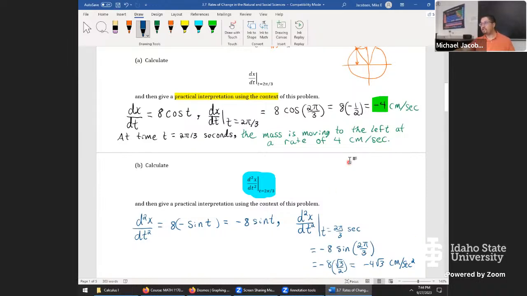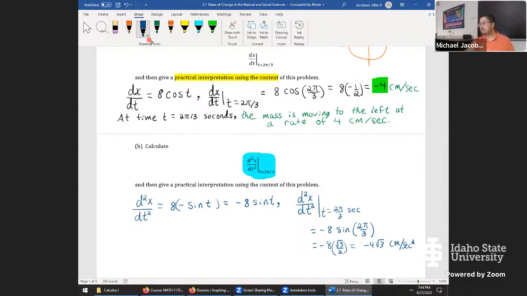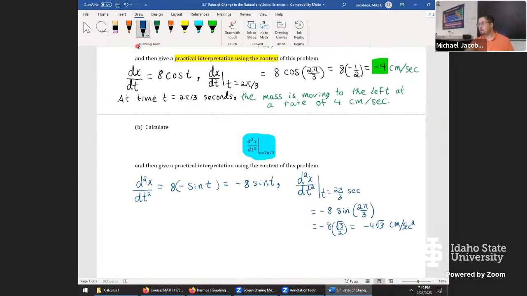So this is the rate of change of velocity. It's still moving to the left at 2 pi over 3, but the rate at which it's moving to the left is decreasing by this amount right here. So we can say next, the rate at which the mass is moving to the left.